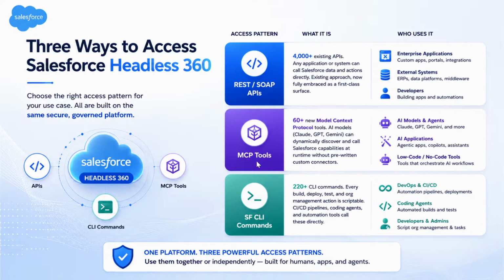Now, the third thing that we have, which is the newest, is the MCP tools, right? MCP stands for Model Context Protocol. With MCP tools, AI models like Claude, ChatGPT, Gemini can discover dynamically and call Salesforce capabilities at runtime.